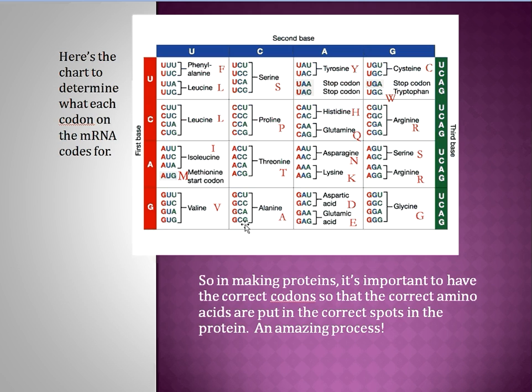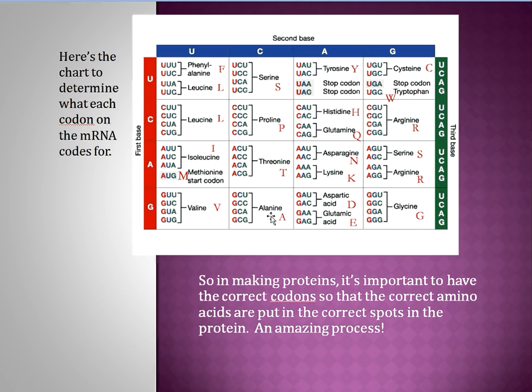It could be GCU on that messenger RNA, it could be GCC, GCA, or GCG. All 4 of those codons tell the ribosome at the appropriate time to bring in alanine and add it onto that growing chain. Look at glycine, it has 4, valine has 4. So it's interesting that there are multiple codons that code for a particular amino acid.